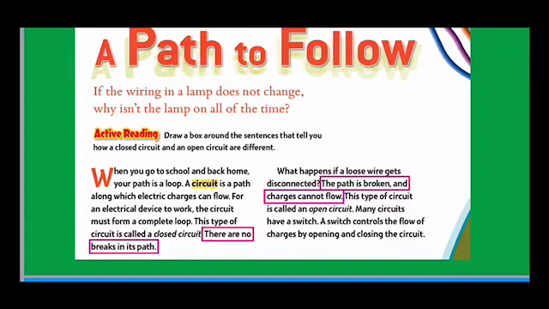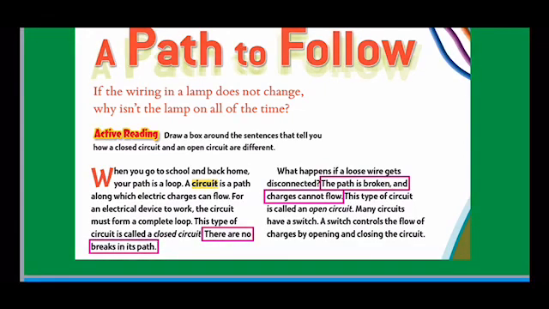So, a circuit is a path along which electric charges can flow. Okay, that means when electric charges are flowing, they will give us electricity and my things are going to work? Yes, definitely. You need an electric current so your things can work.